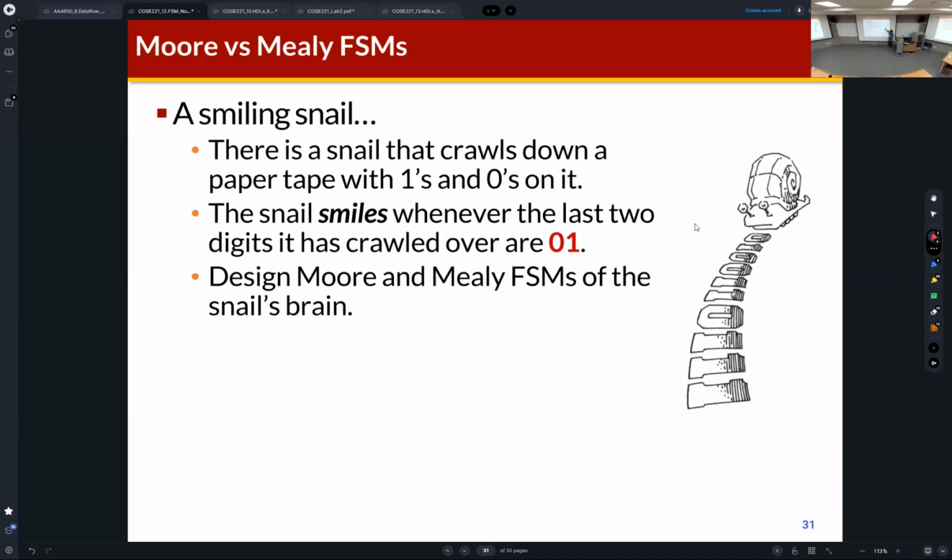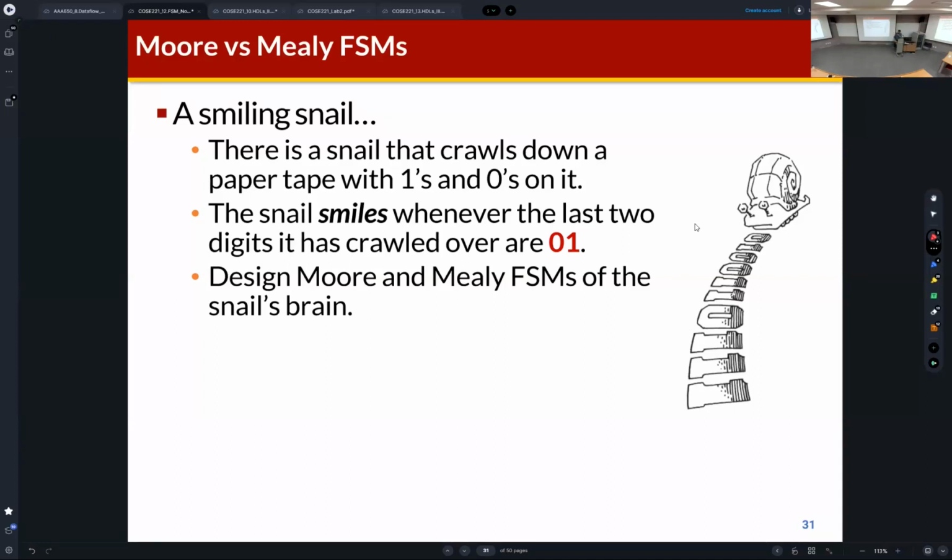In this example, I will compare the Moore FSM and Mealy FSM for the same problem. This is the example, the smiling snail. This is the sequence of numbers: 0, 1, 0, 0, 1, 1.